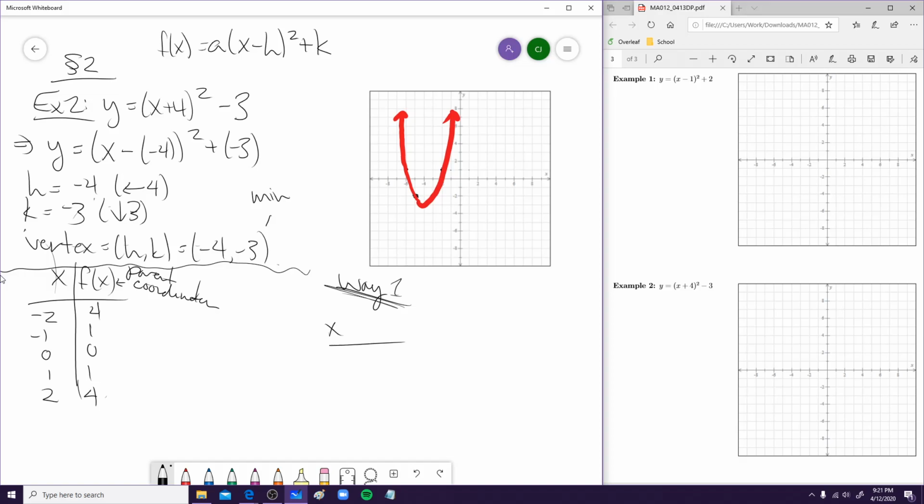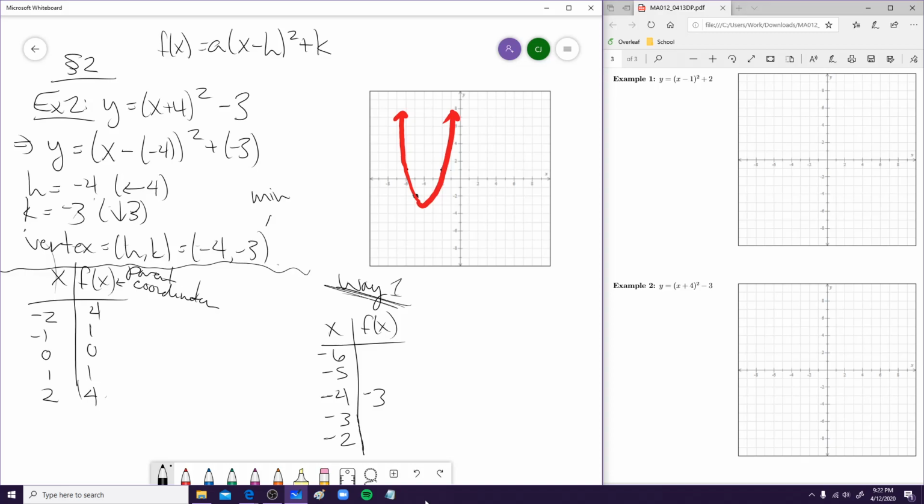So when I do x and then f of x, the first thing I usually do is go to the middle, and I'm going to write down (-4, -3). And when I look at this -4, I am now going to pick 2 values that are smaller than -4 and 2 values that are bigger than -4. So I will get -6, -5, and this is -3 and -2.